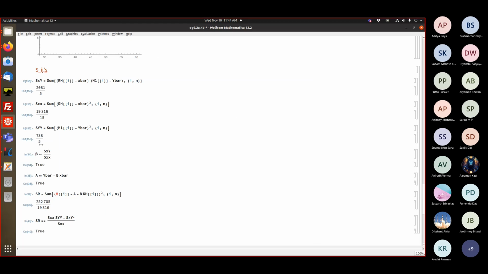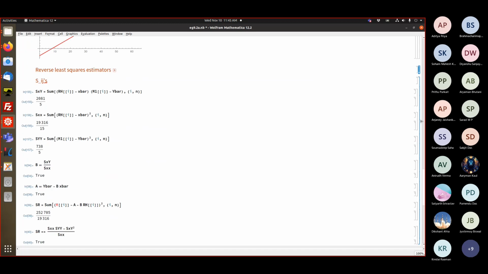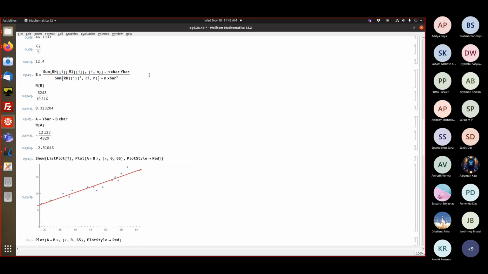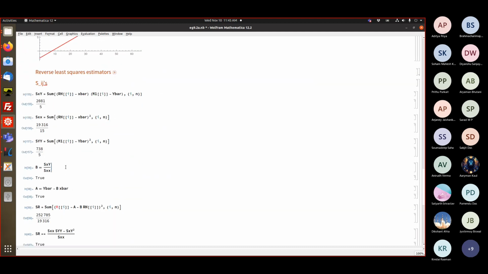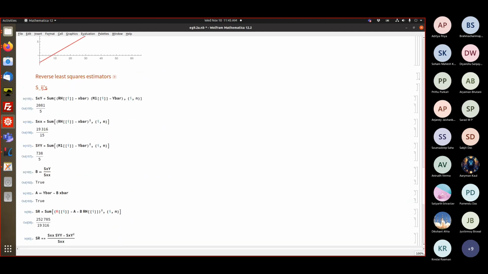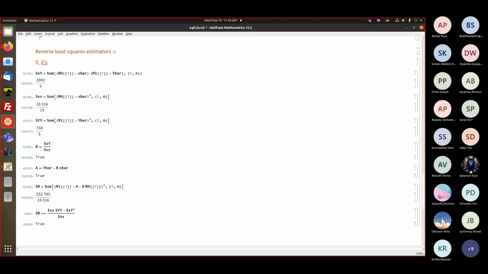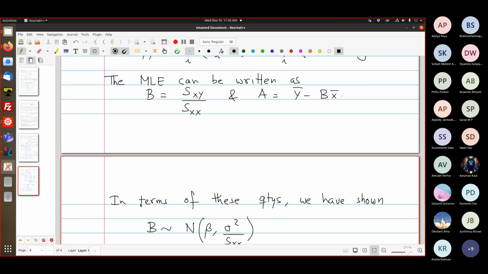B as it is will not be true because I changed B to mean this, so let's redefine B and A. Then I check that B is Sxy by Sxx and A is y bar minus B times x bar. This is kind of stupid to check because I defined A this way. And this SR, which is the sum of squares, let's check that SR is Sxx Syy minus Sxy squared divided by Sxx. That's standard. So things work as they should.